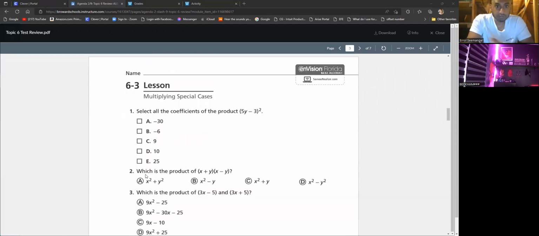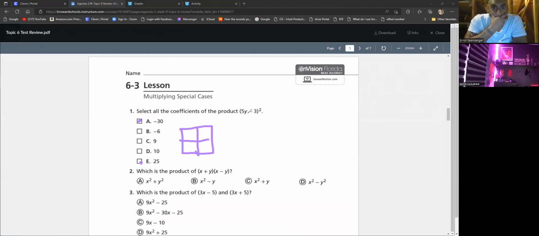Oh, this is a new sheet. Select all the coefficients of the product. I thought this one was the easiest one. You just make a small box, then you just take the numbers.